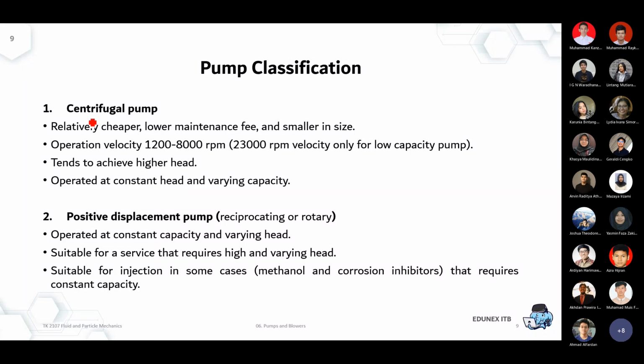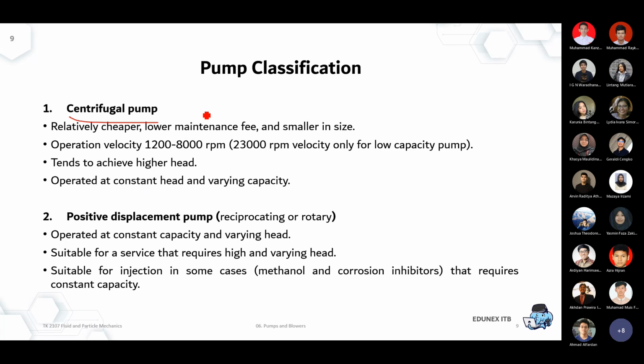Next will be the types of pumps that are used in the chemical industries. First one, hopefully you're already aware of the name itself, should be self-describing. It's a centrifugal pump. So that means it involves an impeller that rotates, and the energy from the impeller will be converted into the kinetic energy of the fluid.